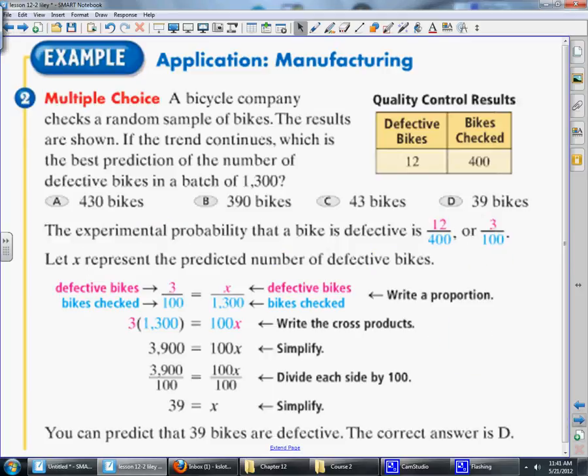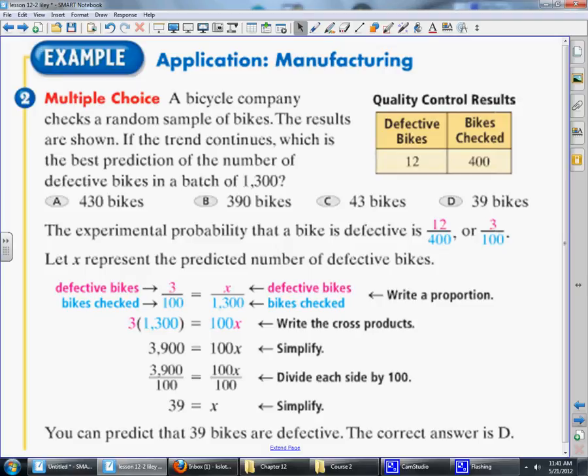Okay, so how do we apply these problems? A bicycle company checks a random sample of bikes. The results are shown. If the trend continues, which is the best prediction of the number of defective bikes in a batch of 1,300?